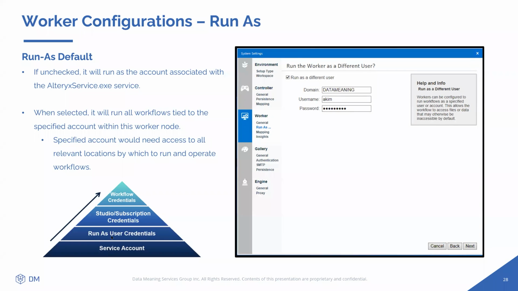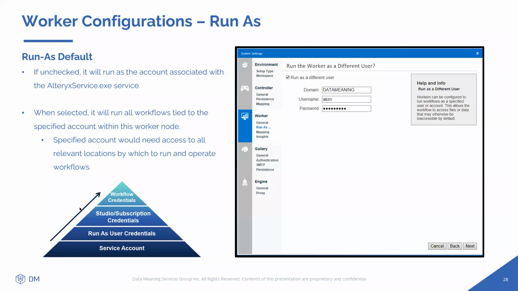So as we've seen in the gallery, you can also run workflows using credentials defined in the studios. And depending on the server configuration, any artisan or developer can publish workflows to be run with a specific account. So this is the hierarchy. So first, I'm going to try to run with the ones that is defined on the moment of the workflow publication. Then I'm going to look the credentials in studios and the subscription.